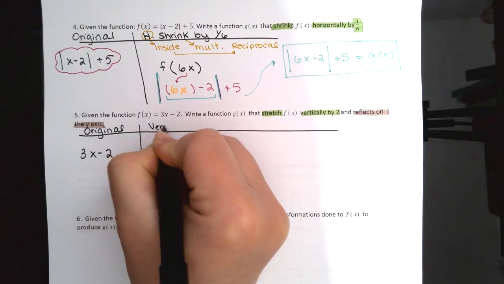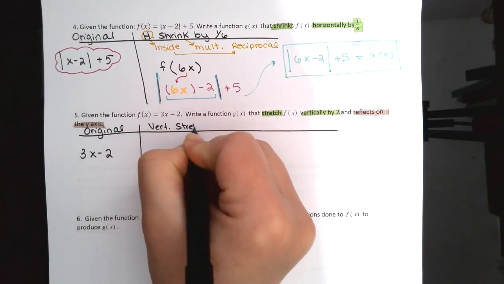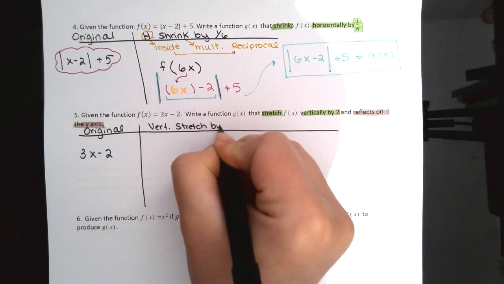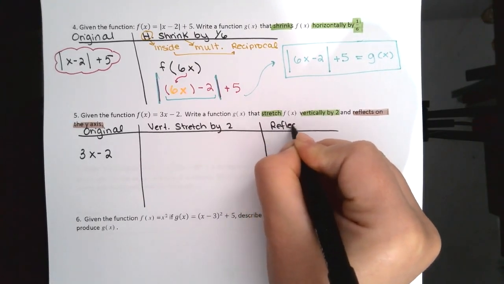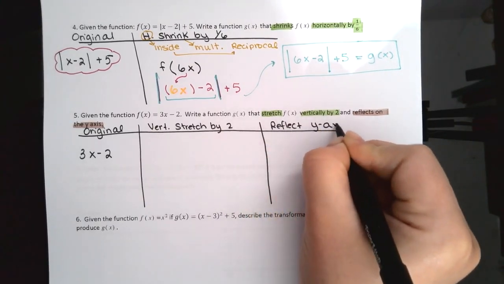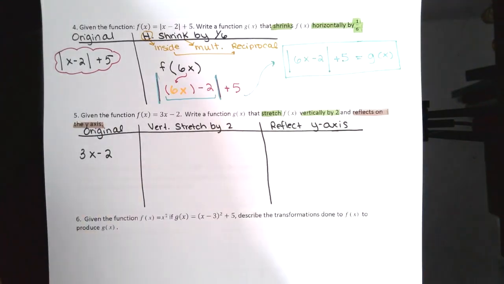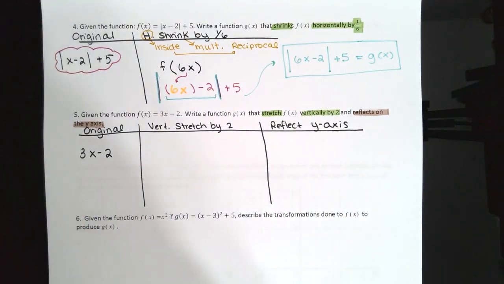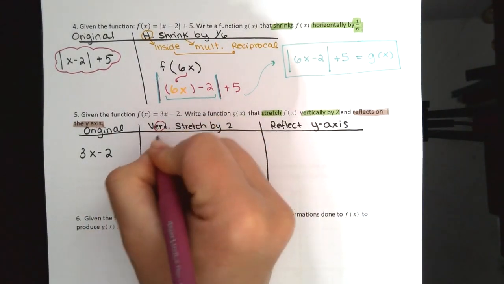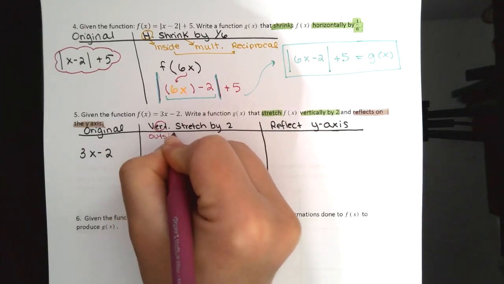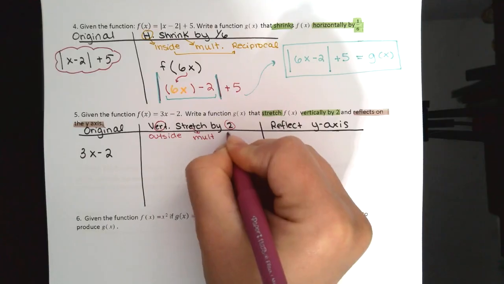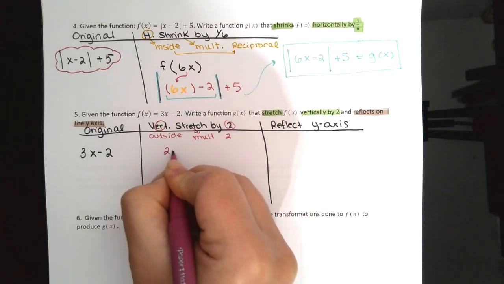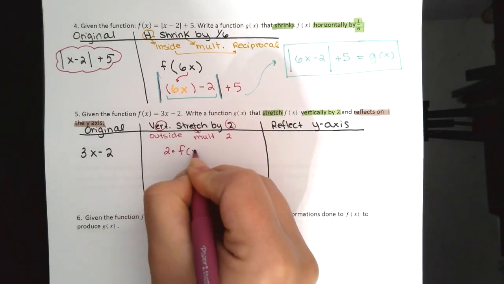We have a vertical stretch by 2 and a reflection on the y-axis. Writing out our function notation, vertical means outside. Stretch means multiplier. And again, since it's outside, we're going to have a multiplier of 2 times f of x.